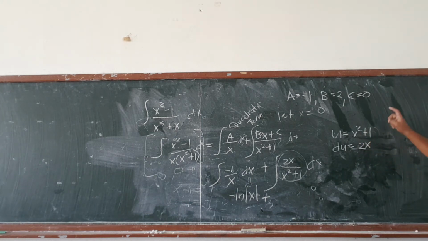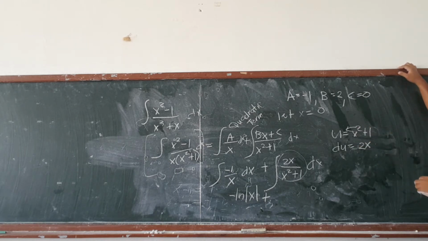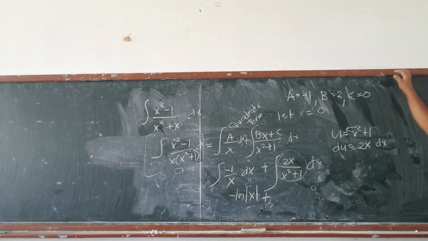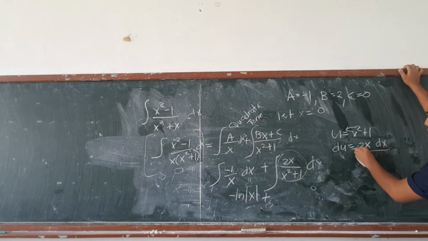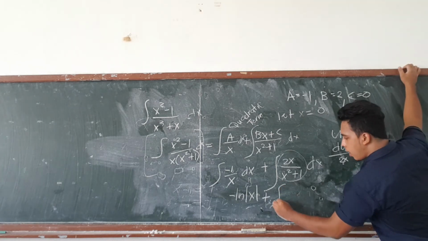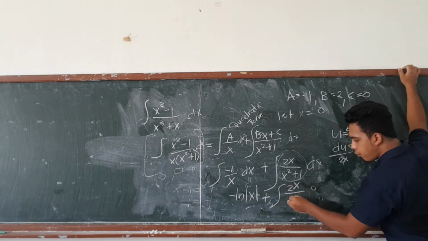Because x squared plus 1, by the use of power rule in derivatives, that is 2x then minus 1. So 2x dx. Then to find the value of dx, we divide both sides by 2x.